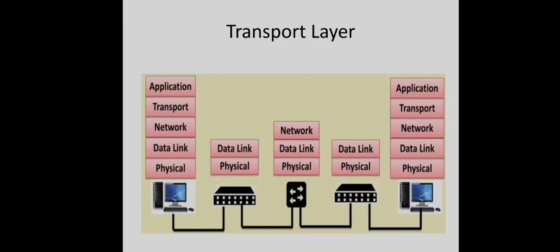So the duty of the transport layer is to provide end-to-end communication between two different processes. It identifies the sender process and finds the receiver process, and communication between these two is done by the transport layer.